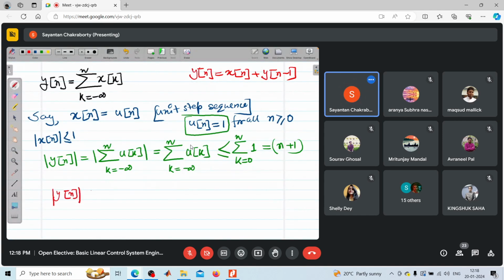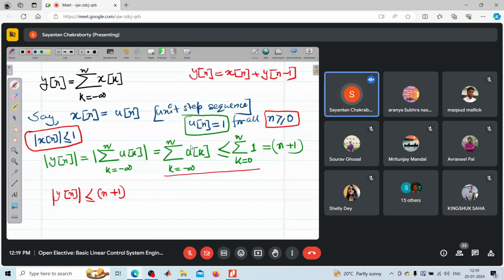So we can say the boundary that you found out, y[n] is less than or equal to n plus 1. স্যার, এই স্টেপটা আরেকবার একটু বলুন। u[k] is equal to 1, so it is obviously less than or equal to 1 ধরতেই পারি, যেহেতু আমরা x[n]টাকে ধরে নিয়েছি bounded by 1, equal to 1 ধরতেই পারি, ইকুয়াল টু নিতে কোনো অসুবিধা নেই। So it is always bounded by 1, and এখানে সিকোয়েন্স minus infinity to n, but this u[n] is only present for n greater than or equal to 0.